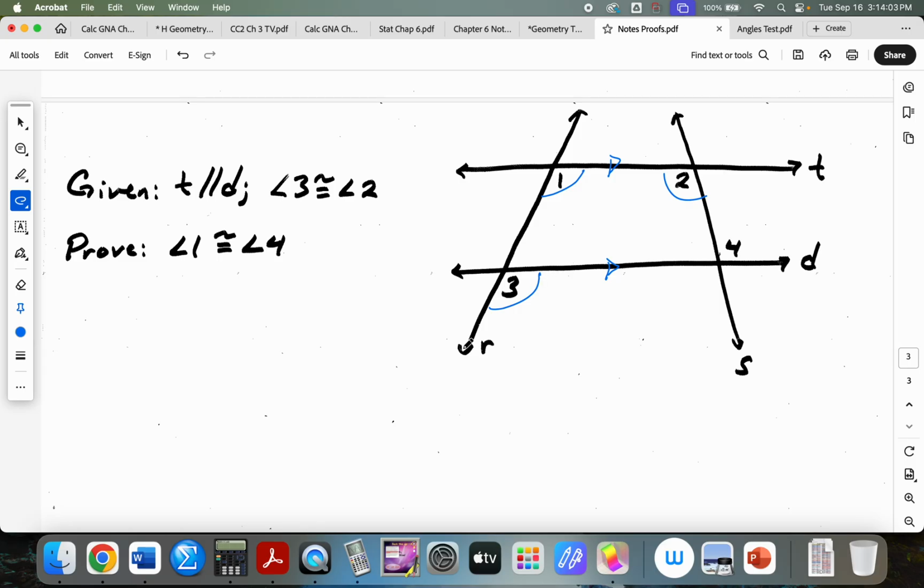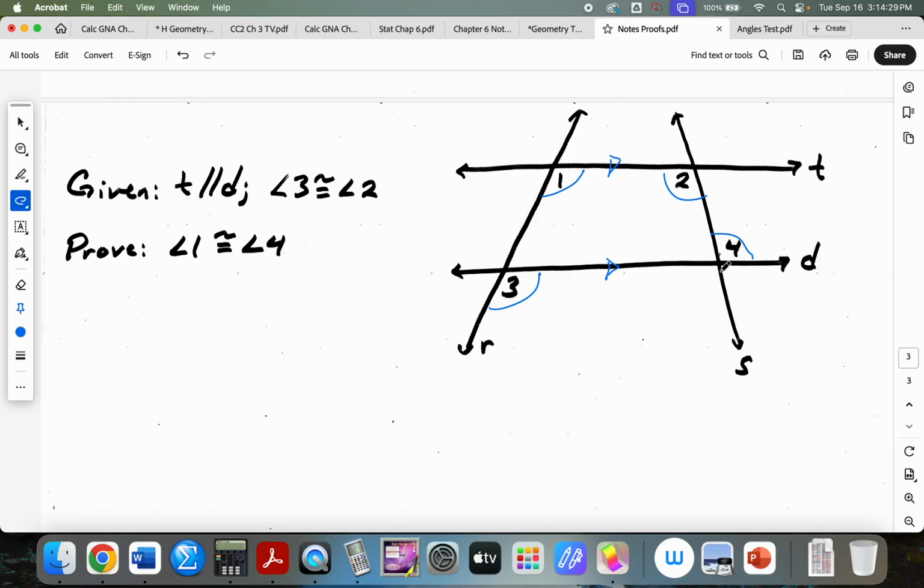Corresponding angles. So you'd either have to write two lines parallel, then the corresponding angles are congruent, or write corresponding angles postulate. Over here, what's true? Alternate interior, exactly right. So 2 would be congruent to 4 because those are alternate interior angles. That's the alternate interior angles theorem.